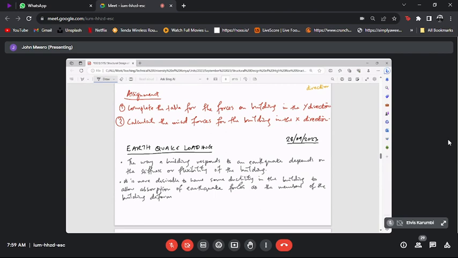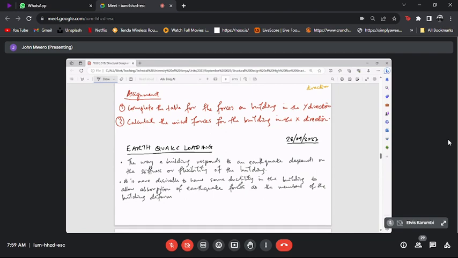Now, buildings tend to have a similar behavior. When an excitation force, in this case an earthquake, shakes the building, the building has mass. It's got walls, concrete, everything. And the building also has some stiffness. The materials that we use to build the buildings and the elements of the building, the beams, columns, walls, etc., have some stiffness.